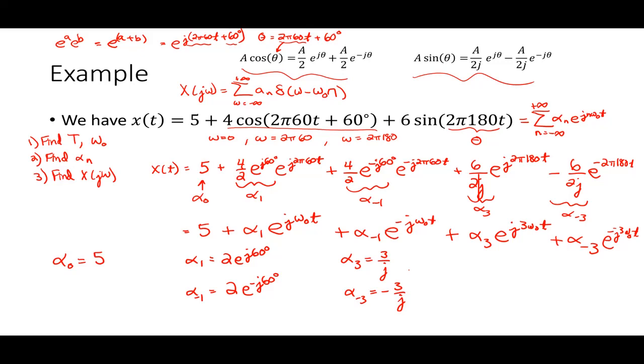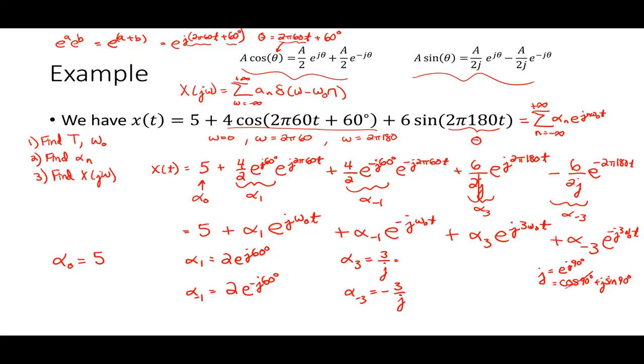Now I never like these 3 over j like this. I want to get this so that I know the angle here. The way that I think of this is I know that j is always equal to e to the j 90 degrees. And if I don't remember that, I can plug that into Euler's identity. So e to the j 90 is cosine 90 degrees plus j sine 90 degrees.